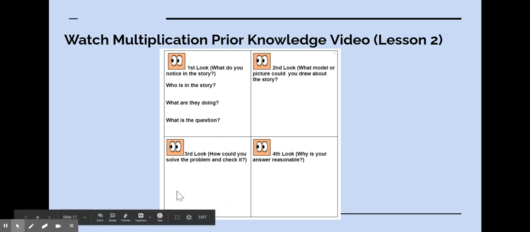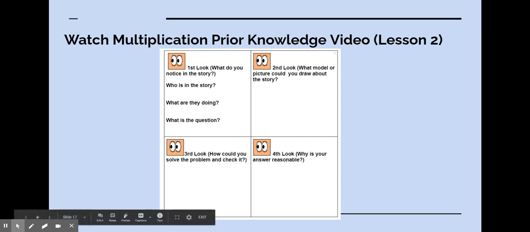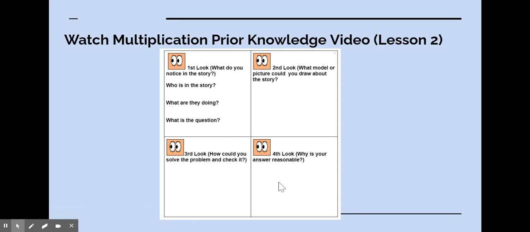Our third look, or our third read through, is to solve the problem and then show how we can check our answer. Our fourth look, or our last read through, is to state in complete sentences how we know our answer is reasonable.